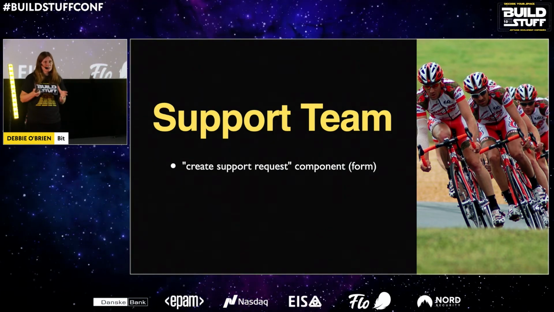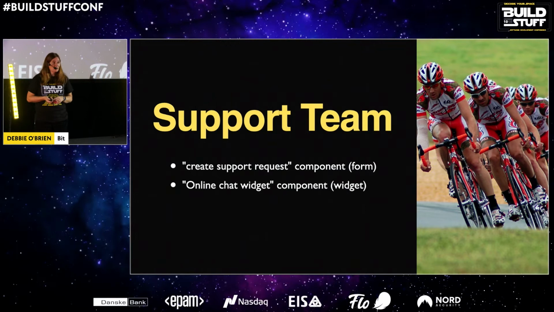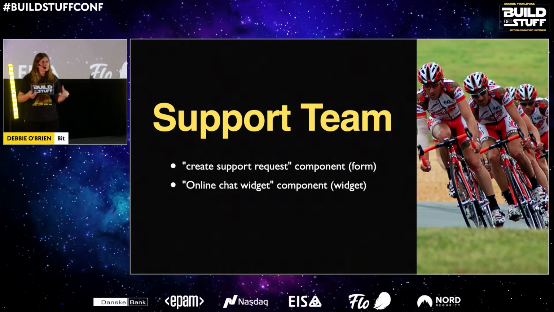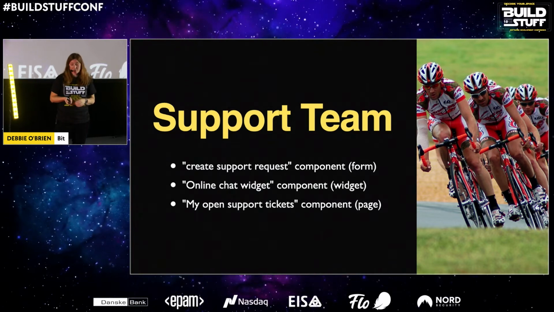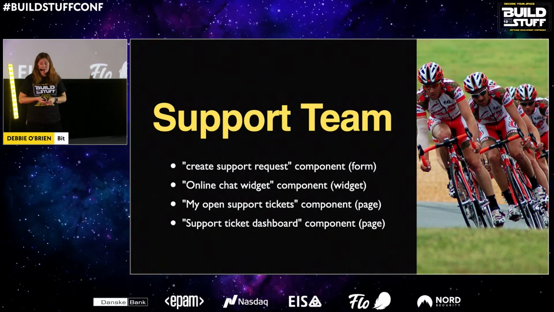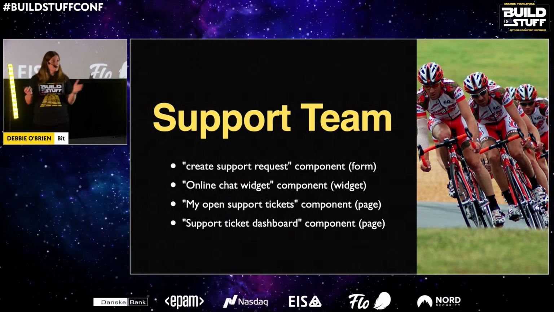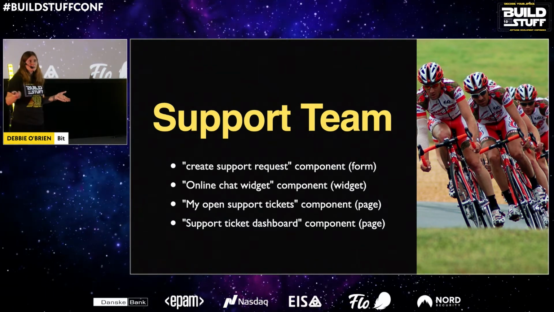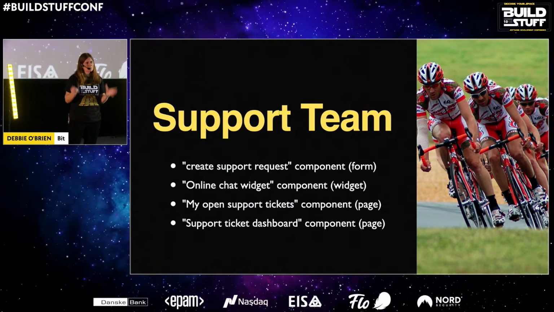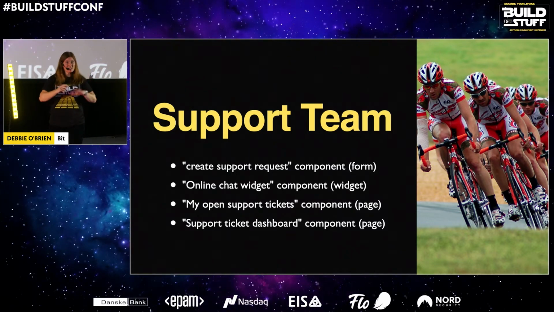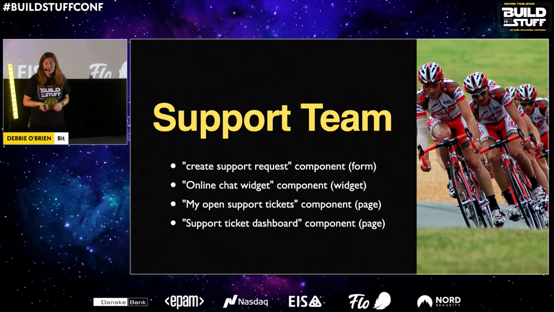They could own the online chat widget, for example. They're responsible for developing that. And they own the support tickets. So that's a page component, as well as the support ticket dashboard. That's a big component, but it's still a component. So that team is responsible for quite a big part of the application, but that's all they have to care about. The rest of the application, they don't care.